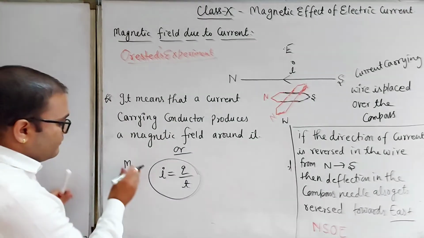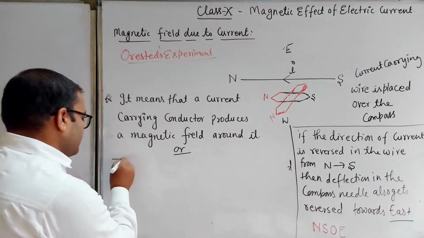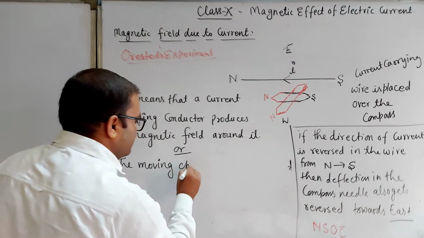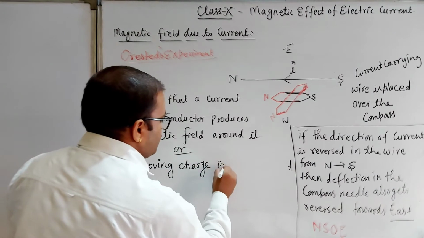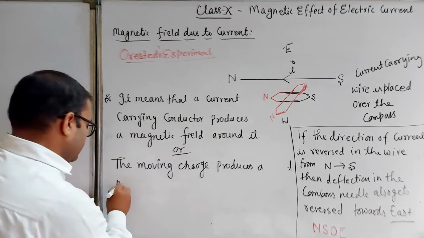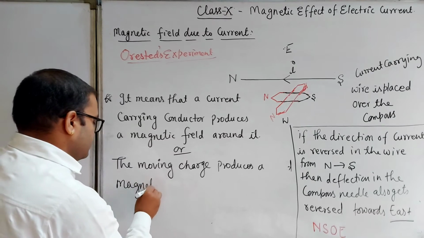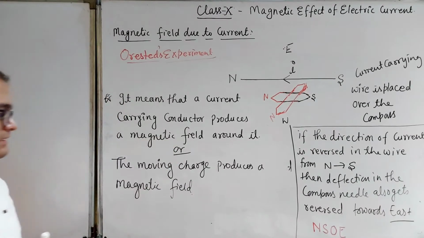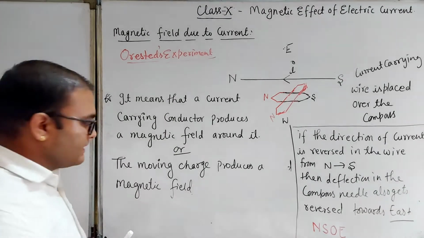So for this we can say that a moving charge produces a magnetic field. Generally, moving charge produces a magnetic field.